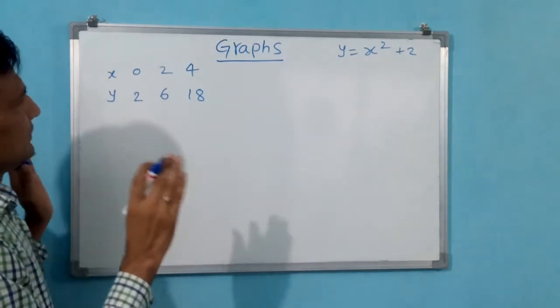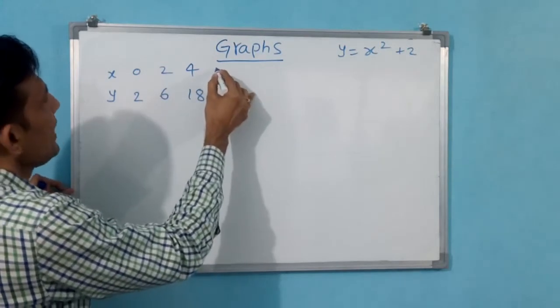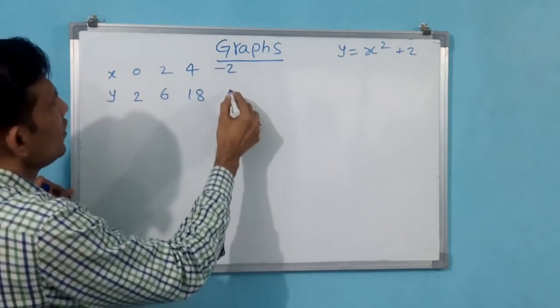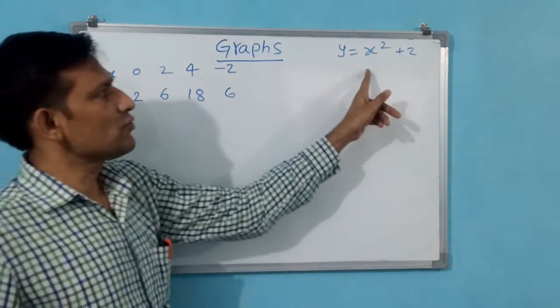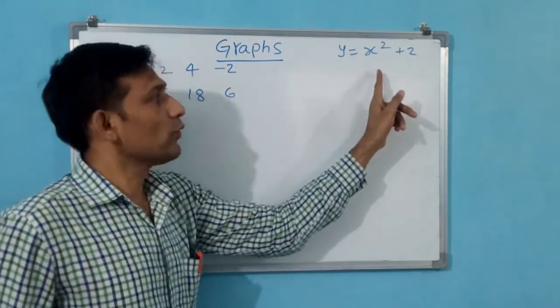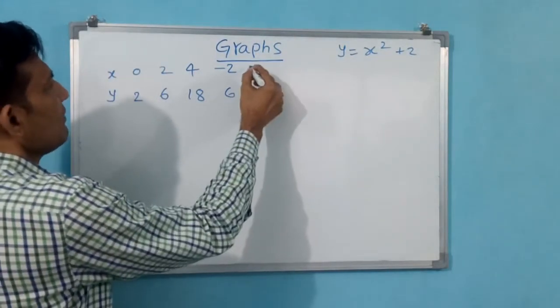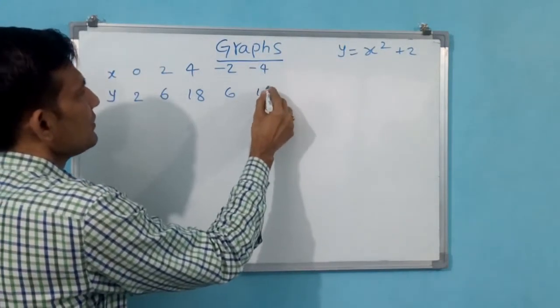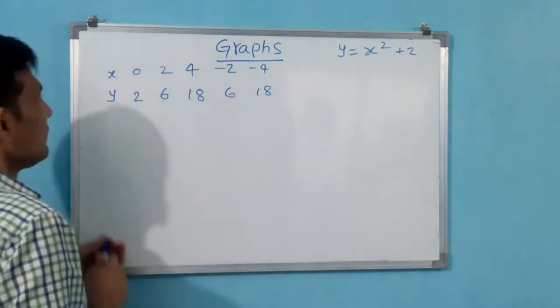But we take negative values also. When x is minus 2, y is 6, because minus 2 square is 4, plus 2 is 6. Even minus 4 also is going to give 18 only, 16 plus 2, 18.